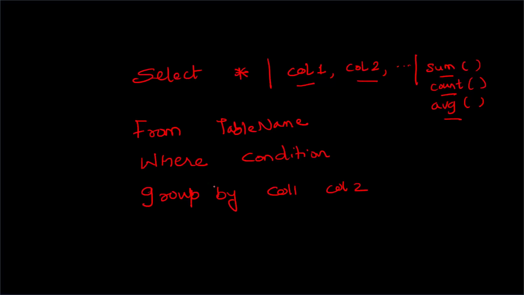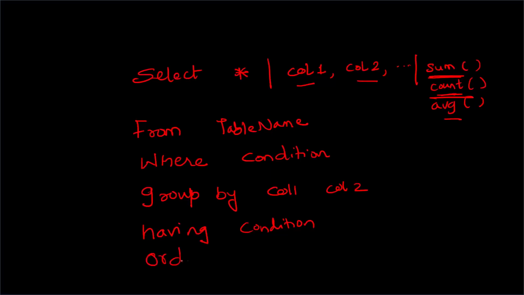Moreover, if you want to apply certain filter on the aggregated value, you apply having condition, and then a condition would come on an aggregated value. Typically you use condition over there.